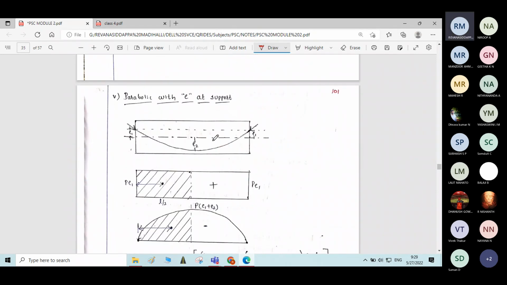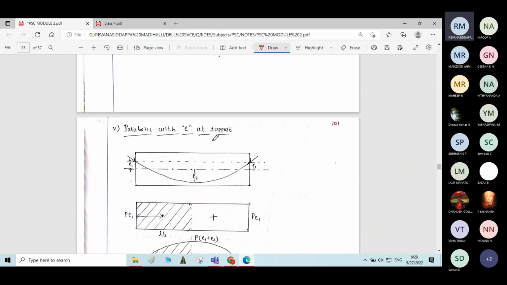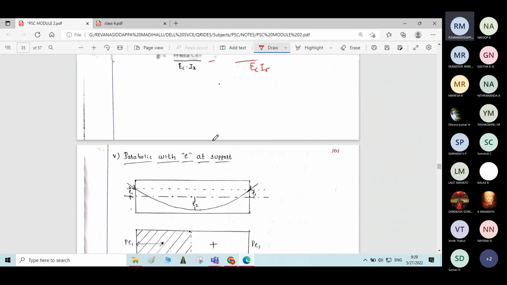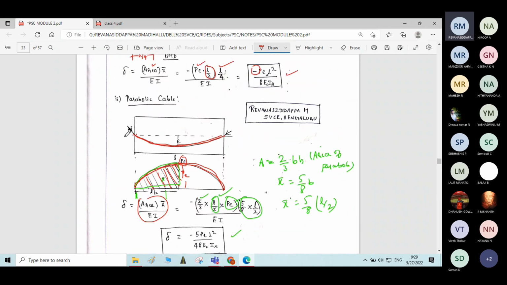Okay, students. Next, we have one special case with respect to parabolic cable. In the previous case where we discussed the parabolic cable, eccentricity at the support is 0, and at midspan we have the eccentricity E below the central axis.